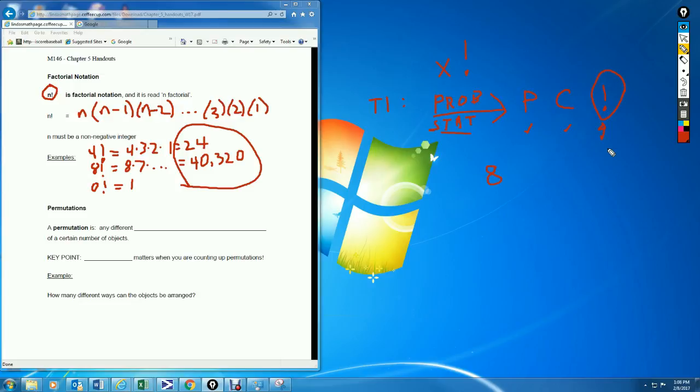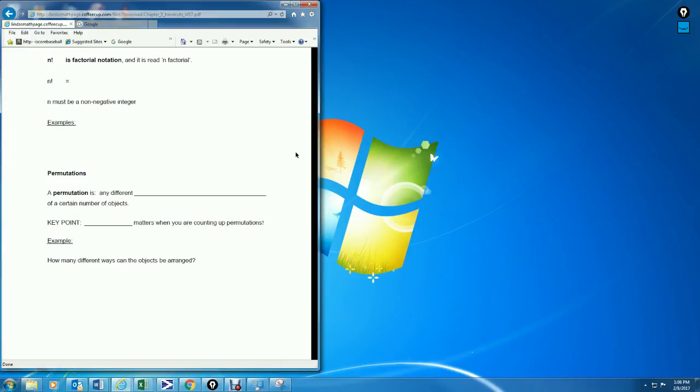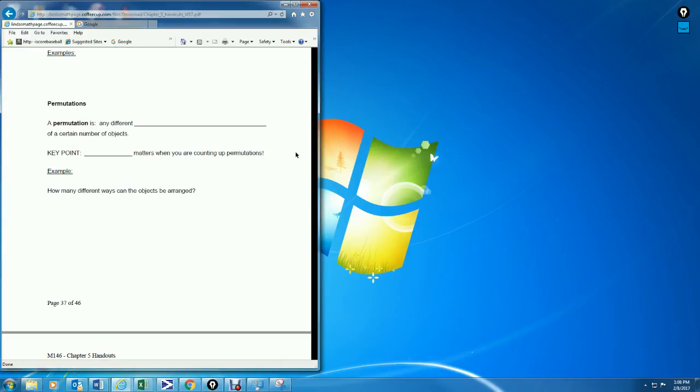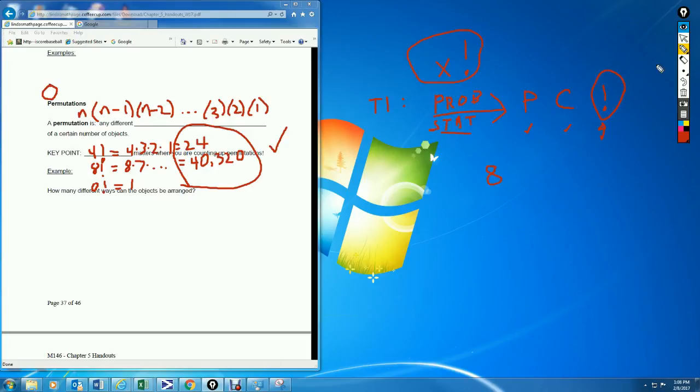I don't have all the different calculators. So pause for a minute, make sure that you can find how to do that on your calculator. Make sure that you can reproduce these numbers. Okay? All right, so I will go ahead now and talk about permutations.